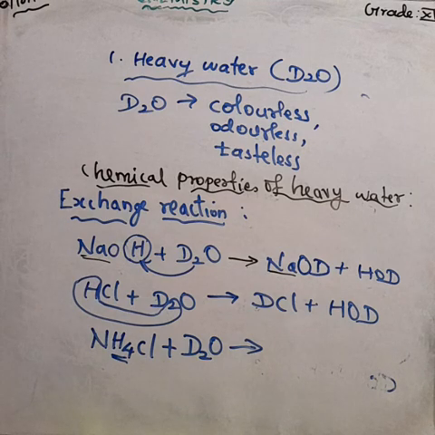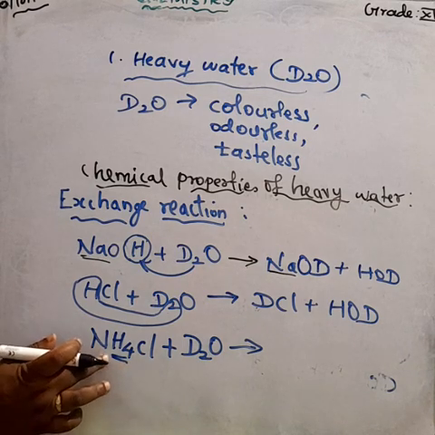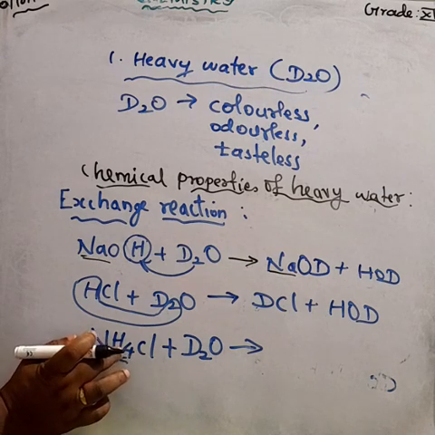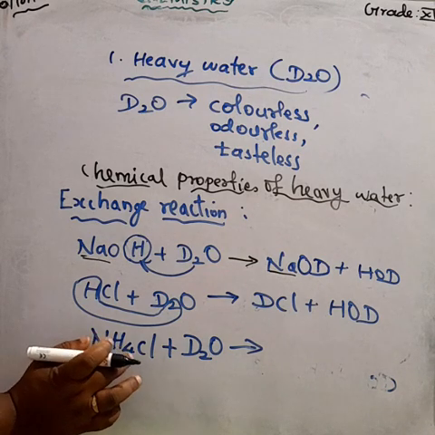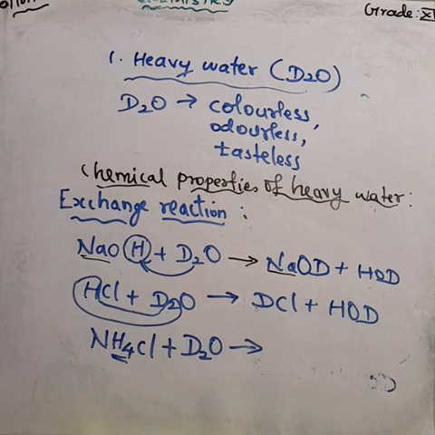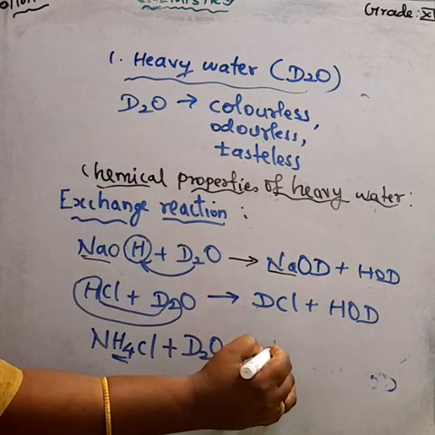What is the formula? NH4Cl. How many hydrogen atoms are here? Totally 4 hydrogen atoms. The 4 hydrogen atoms are replaced by deuterium. So we get ND4Cl.